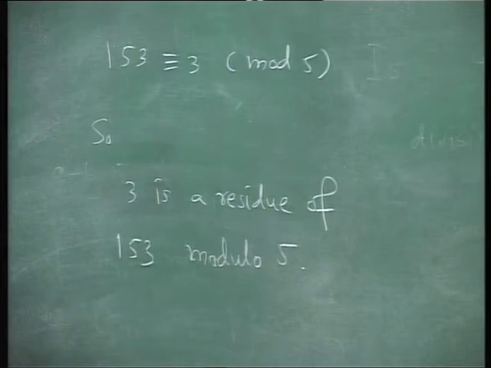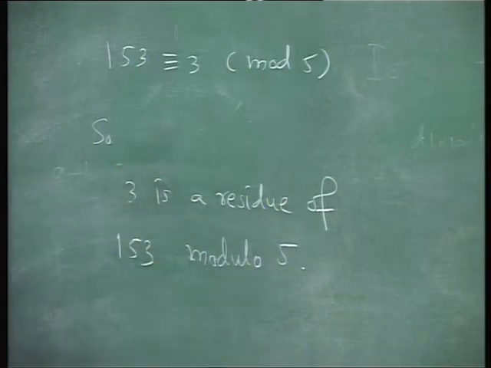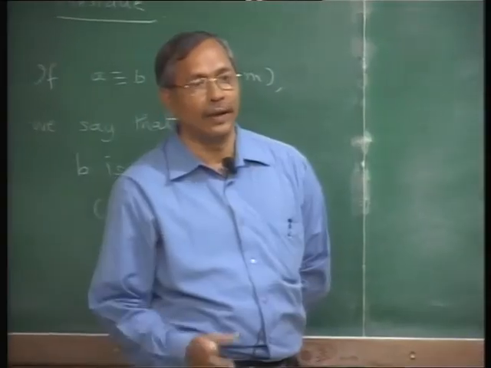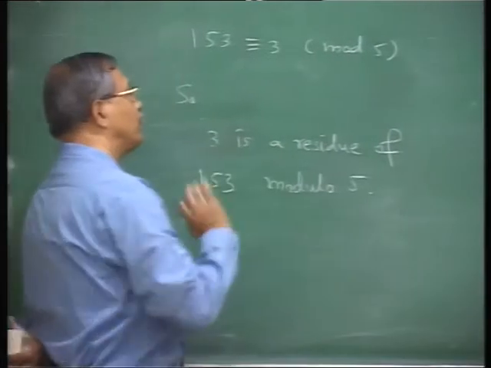Now residue has a slightly different meaning than remainder, in that we can also say that 153 is a residue of 3 mod 5. Also we can say that. The remainder is required to be small as compared to this 5 usually.